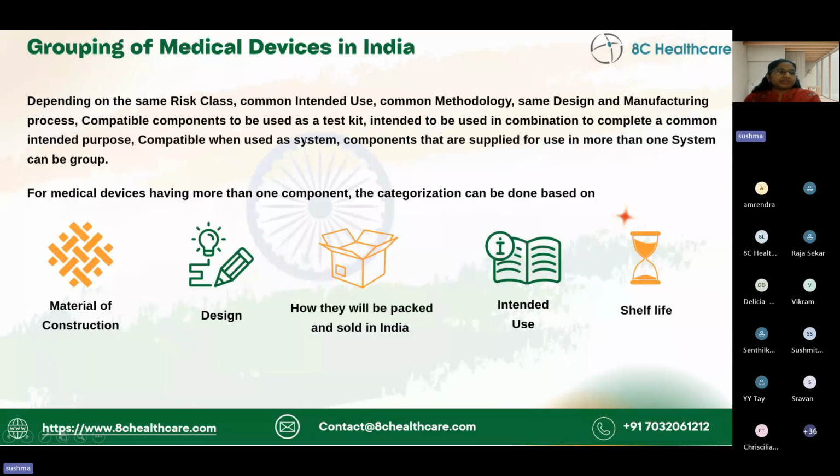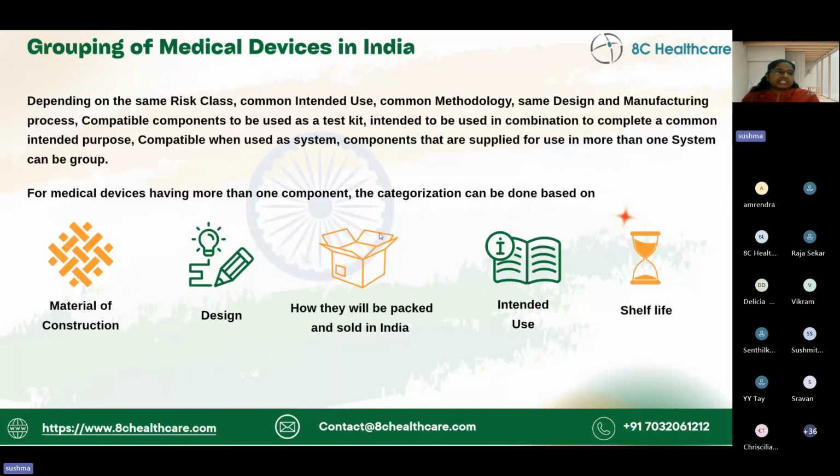So it is important to understand the material of construction, the design as well, and how they will be packed and sold in India. Whether they are individually imported into India as single components and later put together and used as a system, or whether they are imported into India as a system, the number of applications varies based on that when you group the devices.